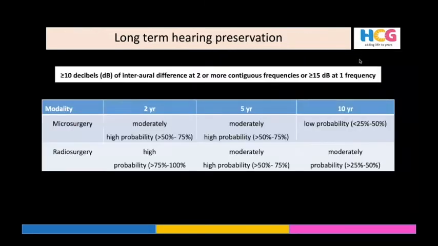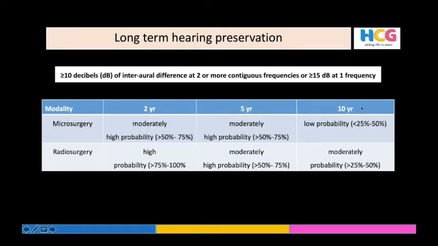All I would like to tell you is this important slide, which is, if you choose the modality, and long-term hearing preservation is the goal, there is evidence right now available in a meta-analysis comparison between microsurgery and radiosurgery that at 2 years, the outcomes are relatively good with either. Even at 5 years, it is good.